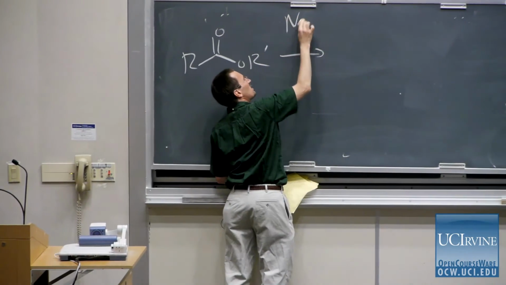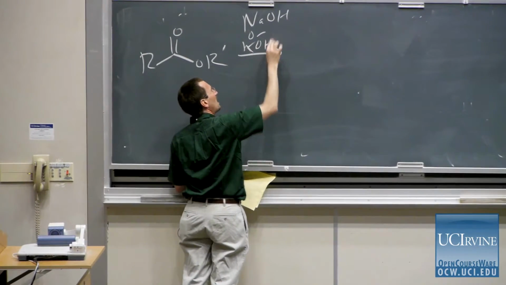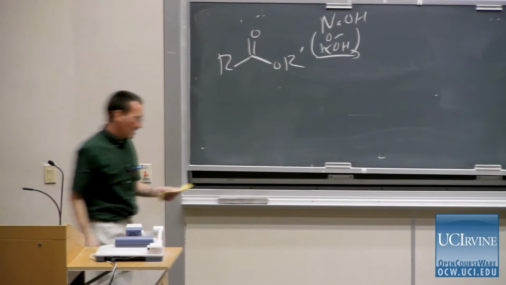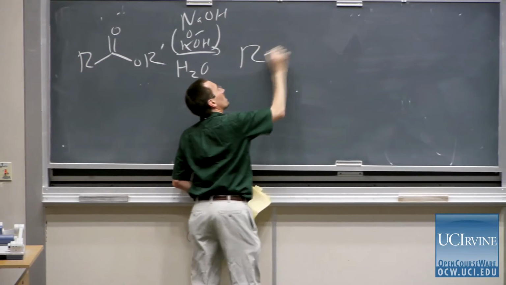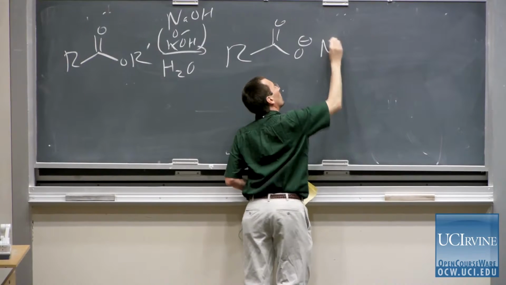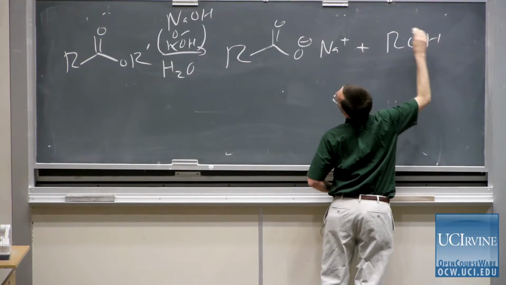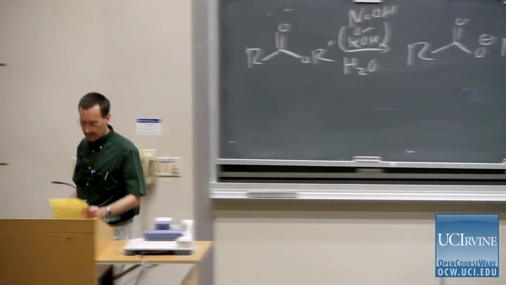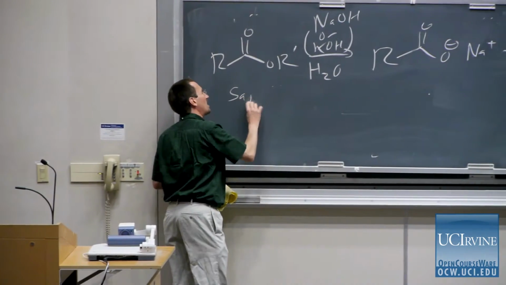If I treat an ester with sodium hydroxide, potassium hydroxide, for most intents and purposes these are equivalent, in water, I get the carboxylate salt, and I get the alcohol.